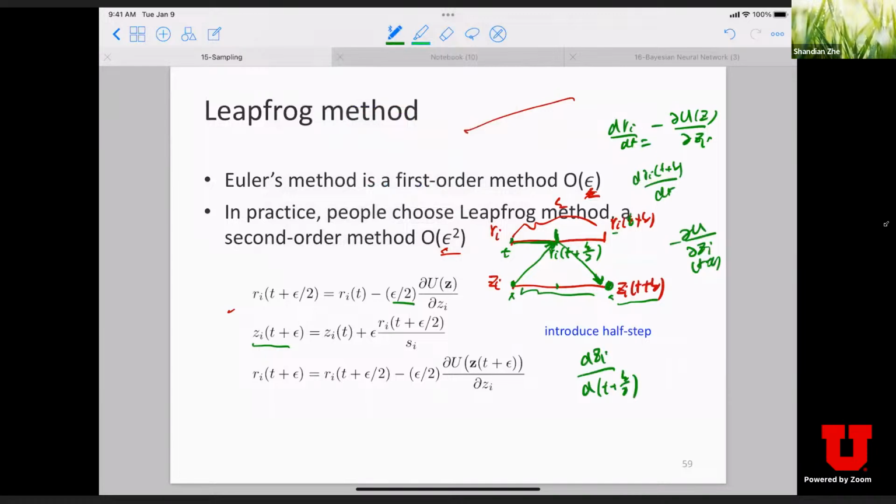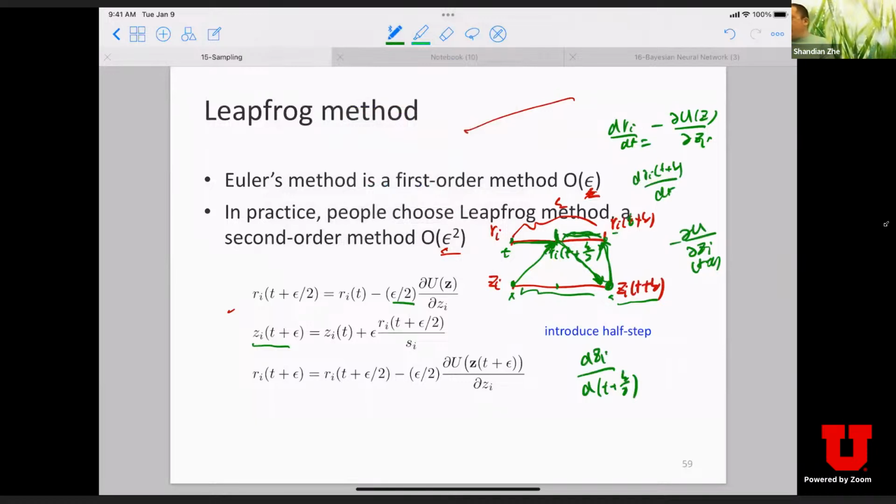So you leverage this state to compute your gradient of Ri, approximate it as a constant through the second half range, and then apply it again to get your Ri at t plus epsilon. You can see that this path is like frog jumps. That's why it's called leapfrog.